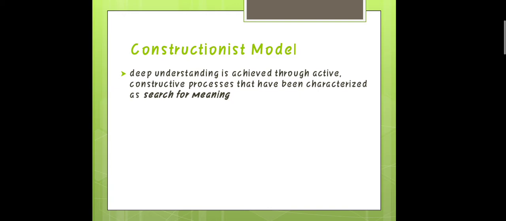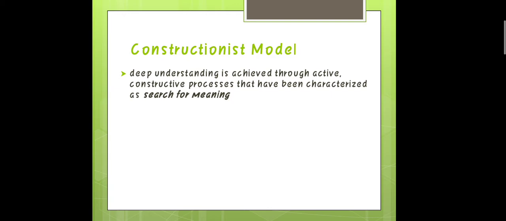In this model, deep understanding is achieved through active, constructive processes that have been characterized as search for meaning. Comprehension, known as the backbone of cognition, is the processing of information to extract meaning.